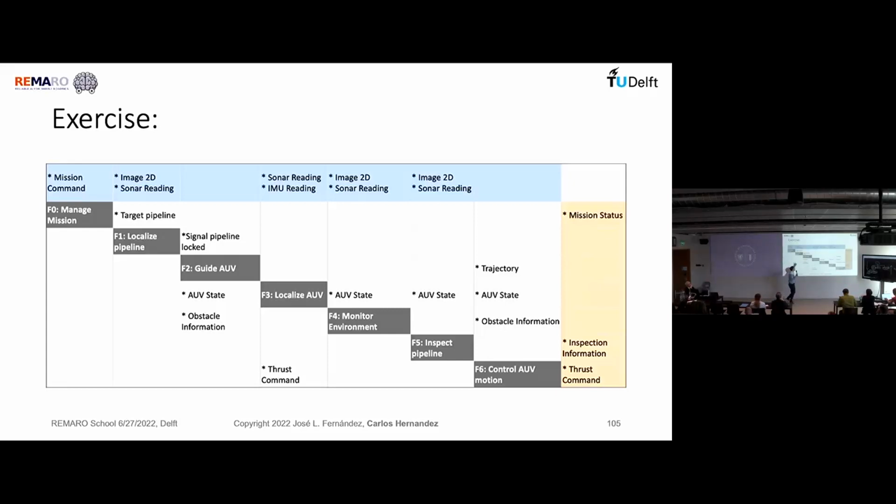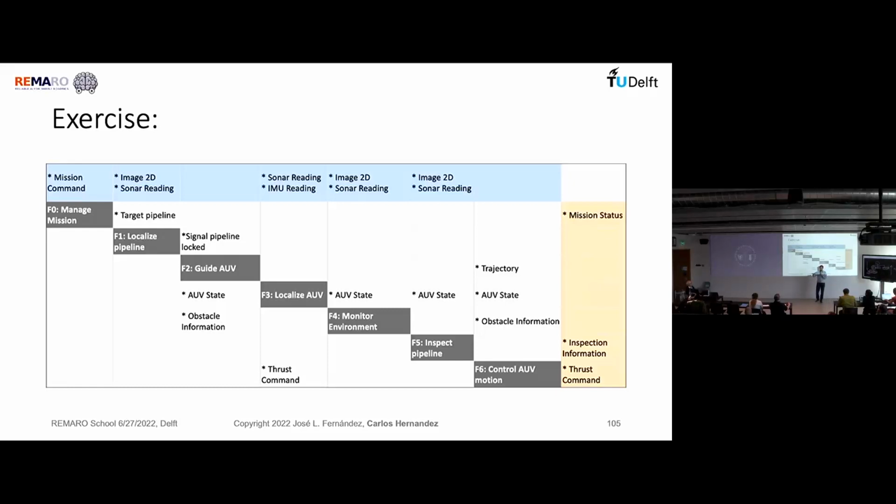So here it is all data. Input and output are data, not energy or matter. The body parts of the system, the hardware, are responsible for that. You can see that localize AUV generates the AUV state estimation, using the techniques from yesterday. Monitor environment is generating obstacle information that may also be used to drive the motions.